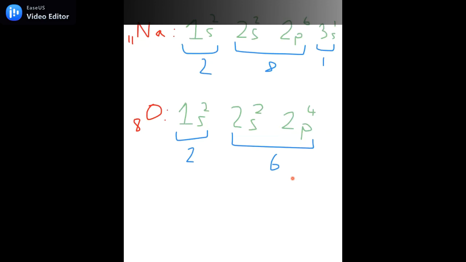For example, if we have calcium, it has atomic number 20. So it has electronic configuration as 1s2, 2s2, 2p6, 3s2.